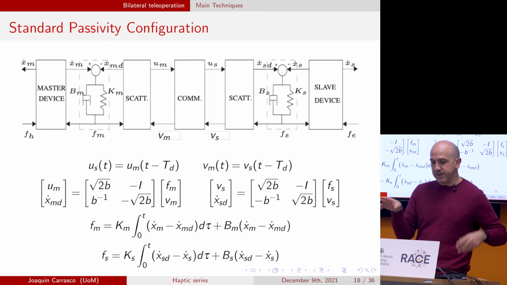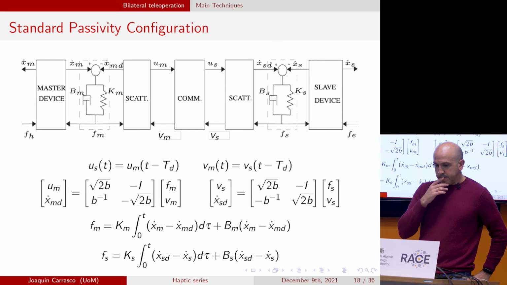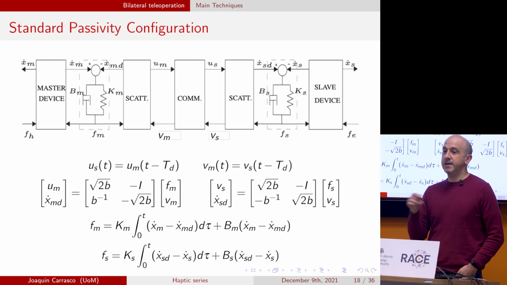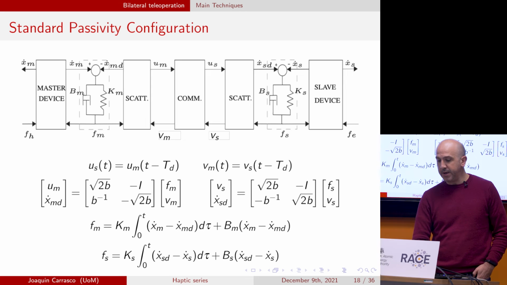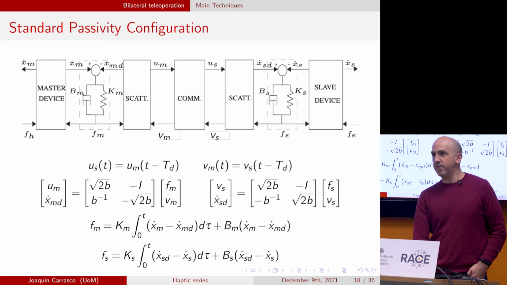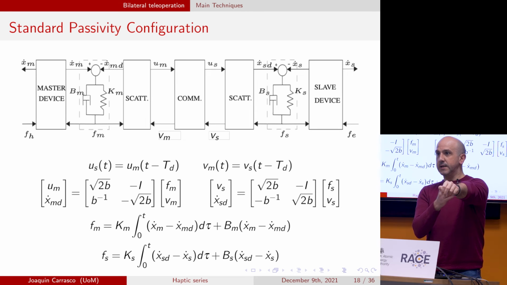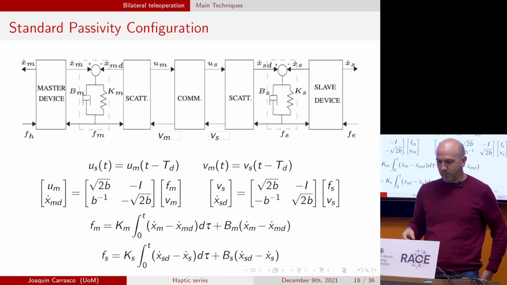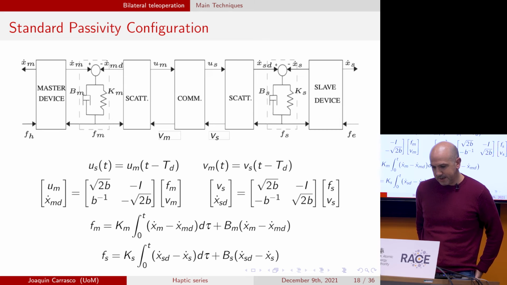And I am going to have the same type of controller on both sides. Because this kind of spring damper system is evidently linear, it's just a PI integrator. If you are familiar with control, the only thing that we are doing here is just a PD controller, or PI, depending on what you think of as an input and an output.